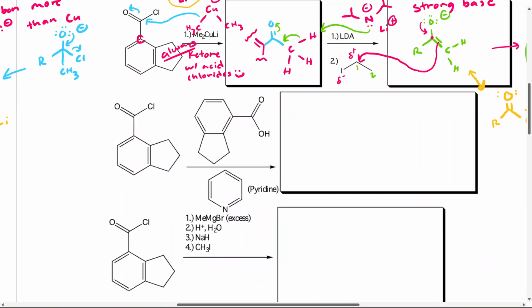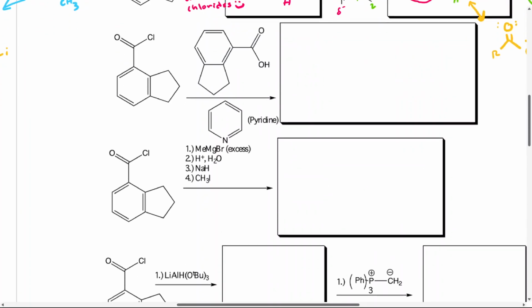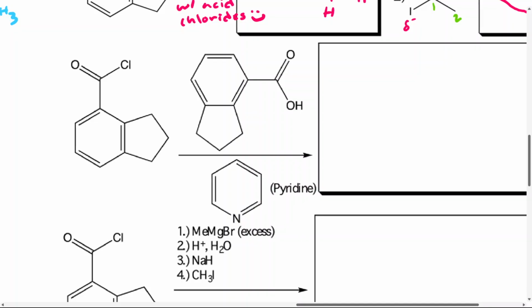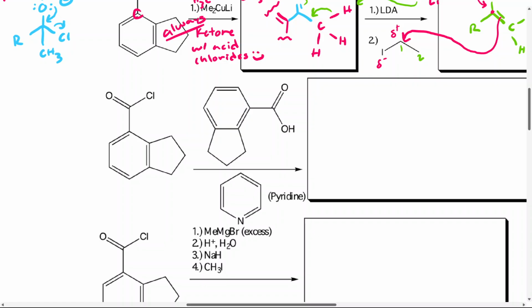Next, it's kind of the same thing. So we should recognize that pyridine actually has a lone pair existing at the nitrogen, and that lone pair makes pyridine a base. And we should know that bases want to deprotonate stuff.